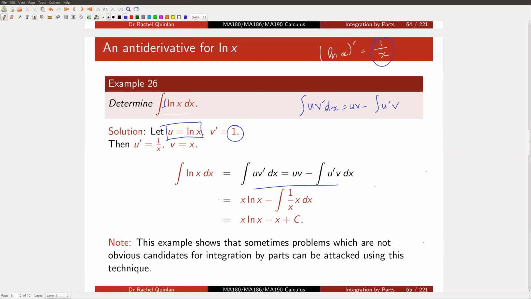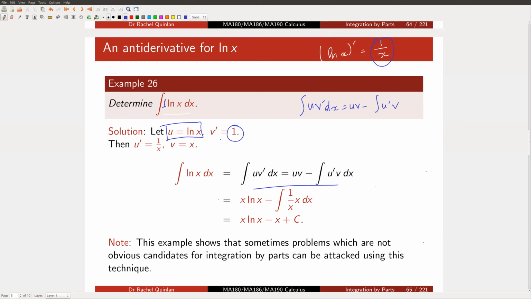So if you write log x as 1 times log x and apply the formula with u equals log x and v dash equals 1, you find that u dash is 1 over x and v is just x, because v is an antiderivative for 1, which is x. That looks like more familiar ground, at least, than looking at u and v dash, which has this log in it.